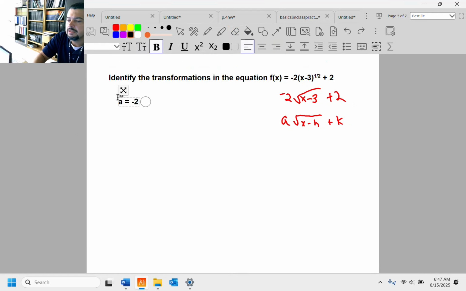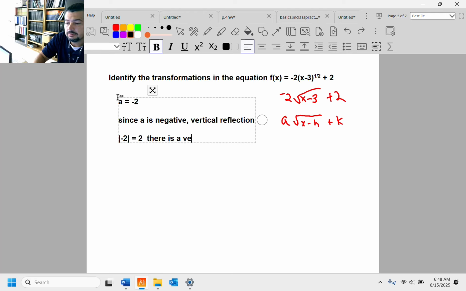All right, so talk about that. Since a is negative, there's a vertical reflection. The absolute value of -2 is 2. This tells me that there is a vertical stretch.